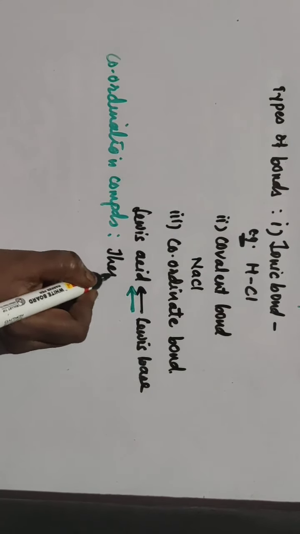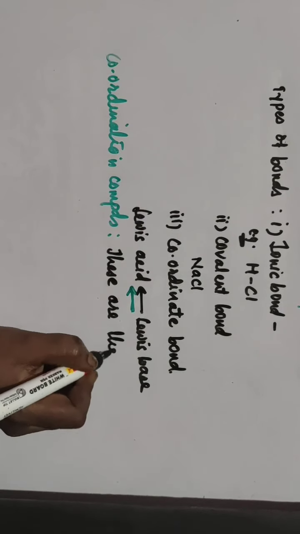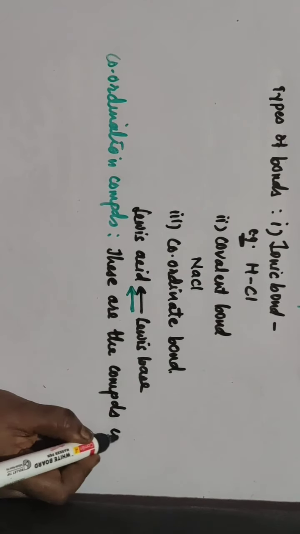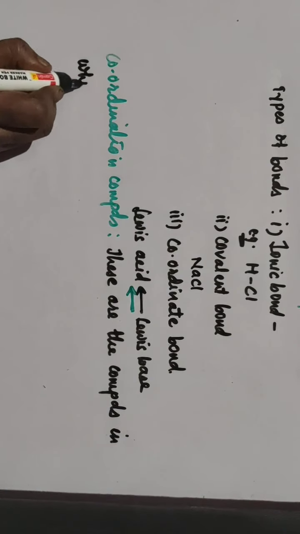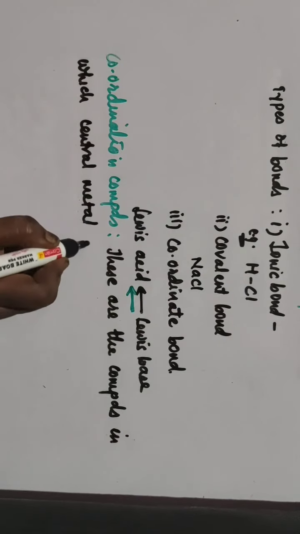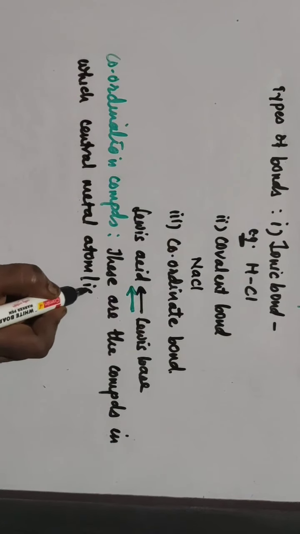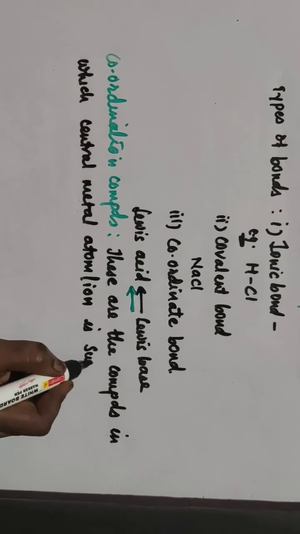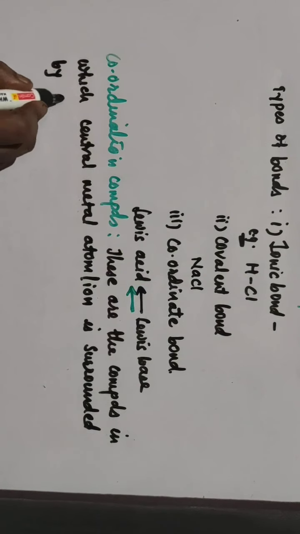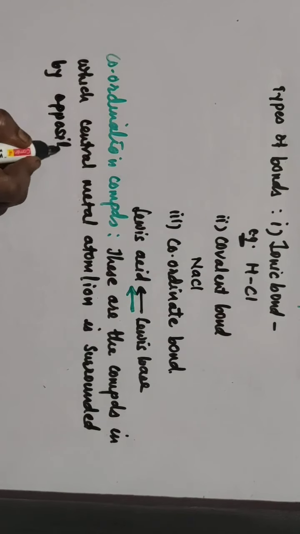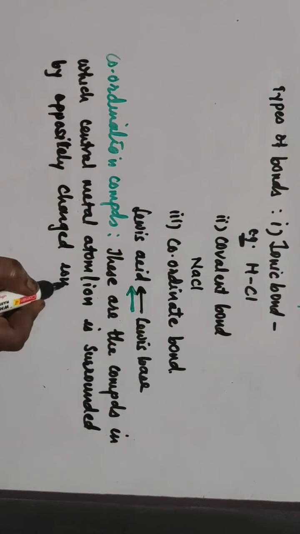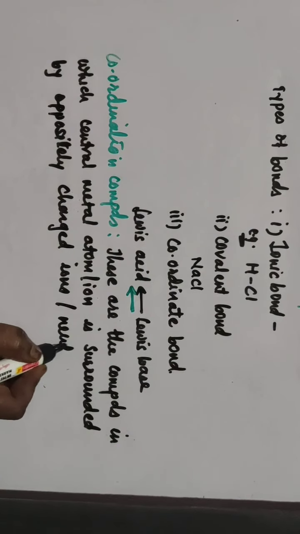These are the compounds in which the central metal atom or ion is surrounded by oppositely charged ions or neutral molecules.